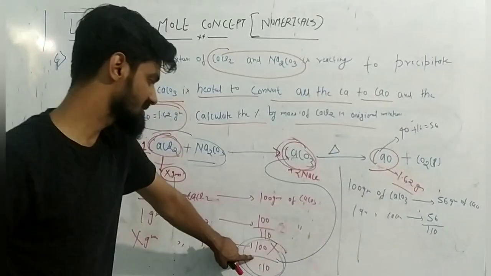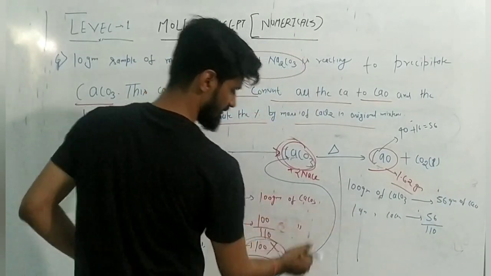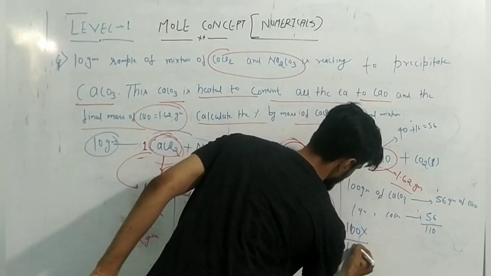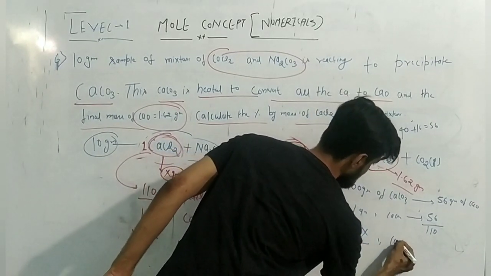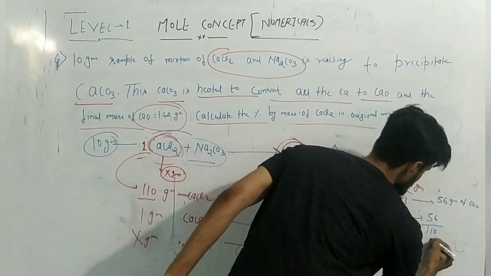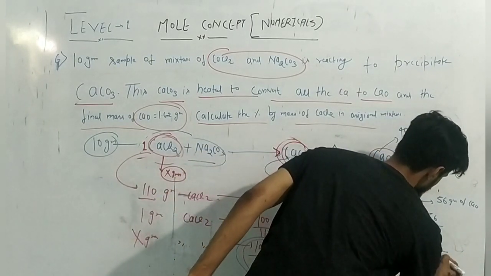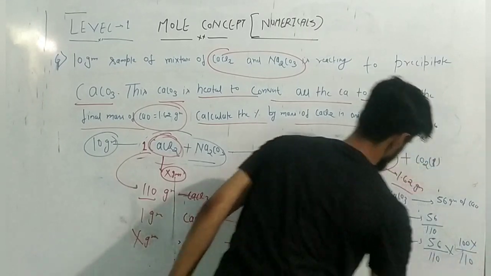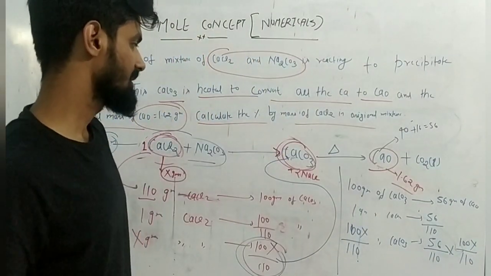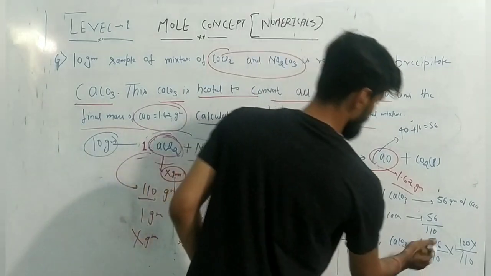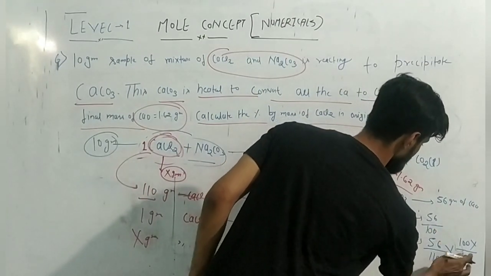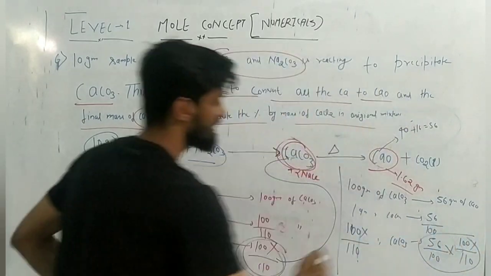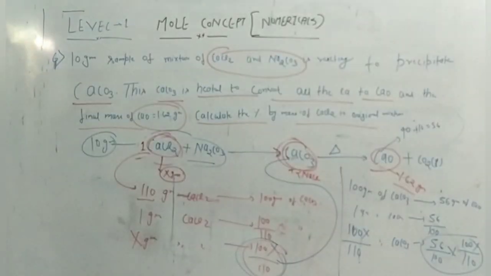So 100x upon 110 of CaCO3 will produce 56 upon 100 multiplied with 100x upon 110. That much amount of CaO is produced via this chemical reaction.